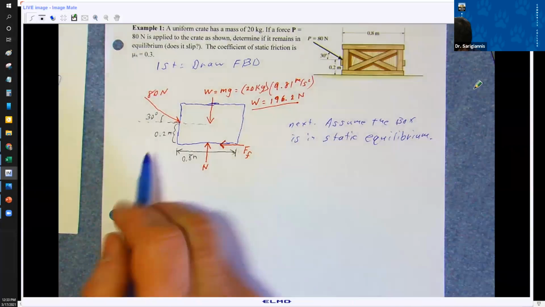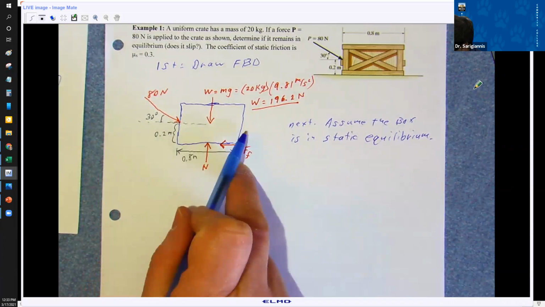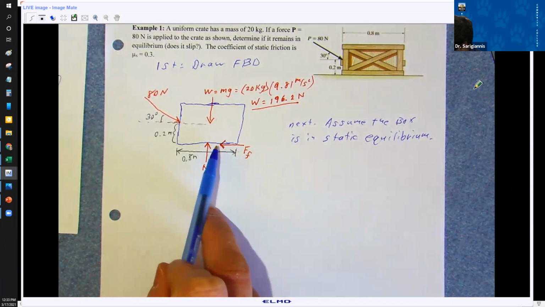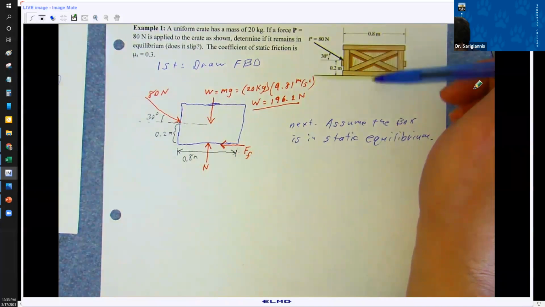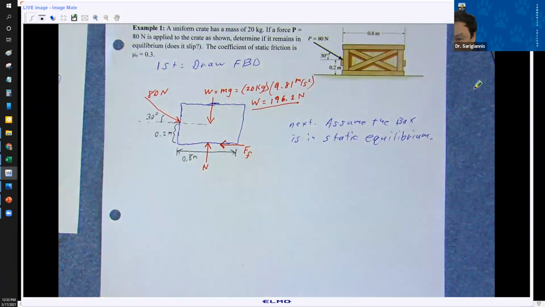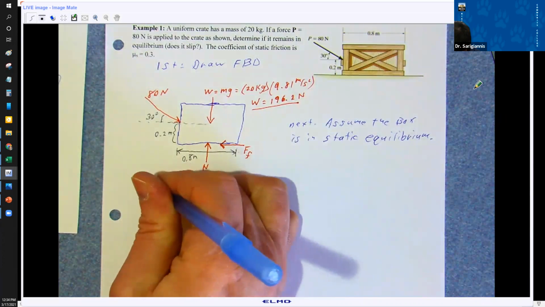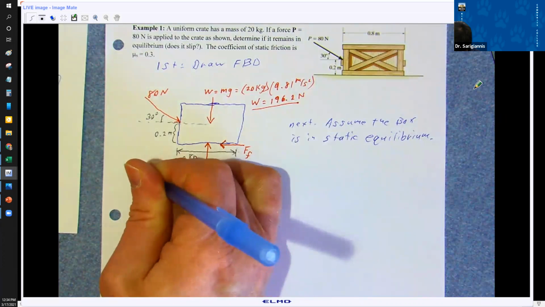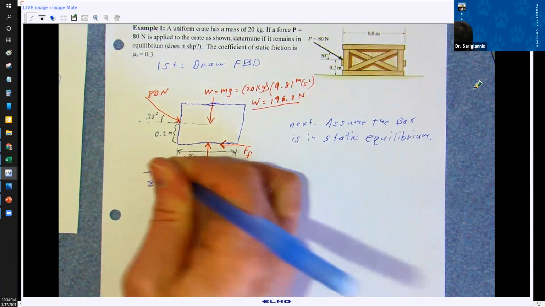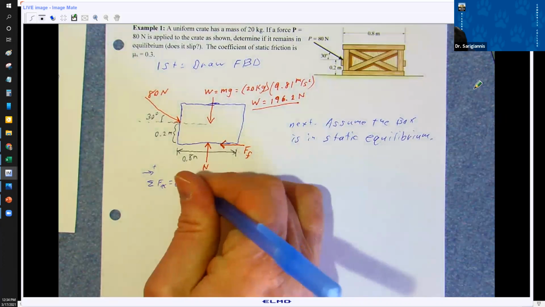So I'm going to look at the sum of the forces in the x direction, right? Because that's going to tell us if it moves. It's not going to move in the y direction. Right? In the y direction, it's sitting on the floor. So let's look at the sum of the forces in x. And I'll draw a positive to the right. And what do I have here?